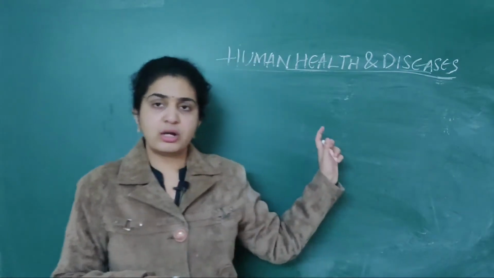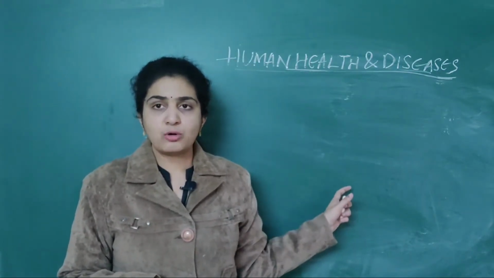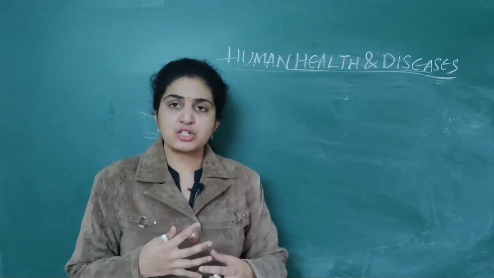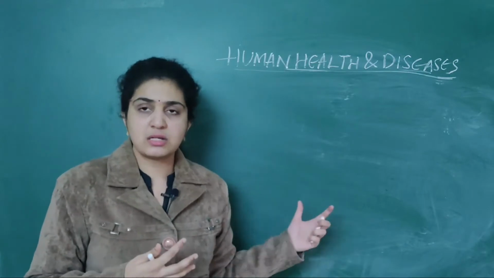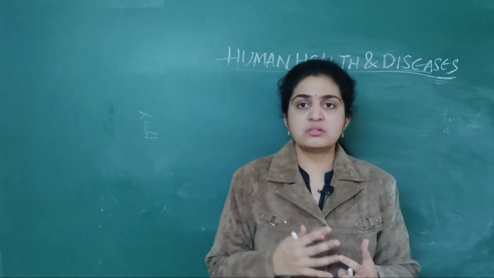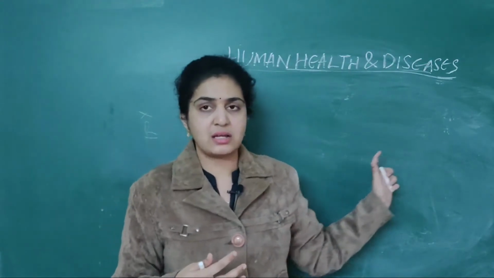So primary lymphoid, then secondary lymphoid organs. Bone marrow helps in the production of RBC and WBC. And the thymus is located near the heart. It is very large in size and it reduces its size during the age of puberty.